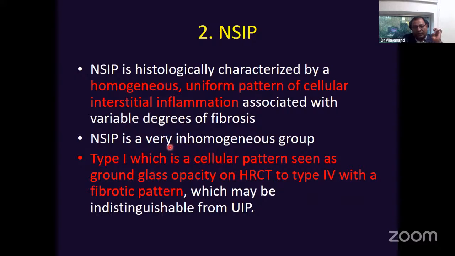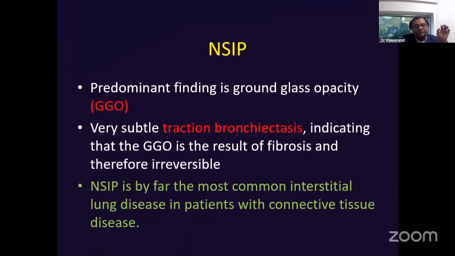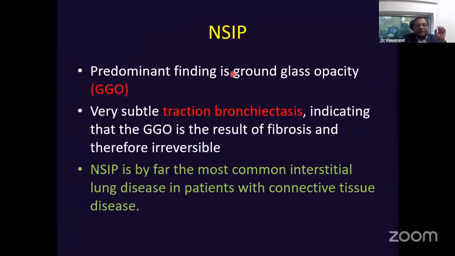It is a very inhomogeneous group because it can be classified from type 1 to type 4, wherein type 1 is a cellular type, where you normally find ground glass opacities or mosaic attenuation, whereas in the fibrotic pattern you can see a UIP-like picture. The predominant finding, as I told you, is GGO, or ground glass opacity. Very subtle traction bronchiectasis can be seen.